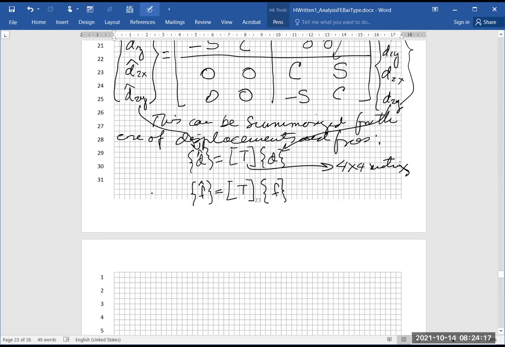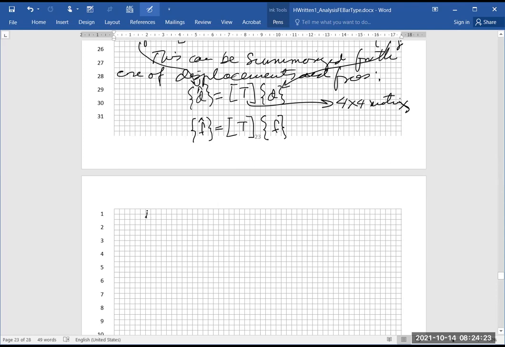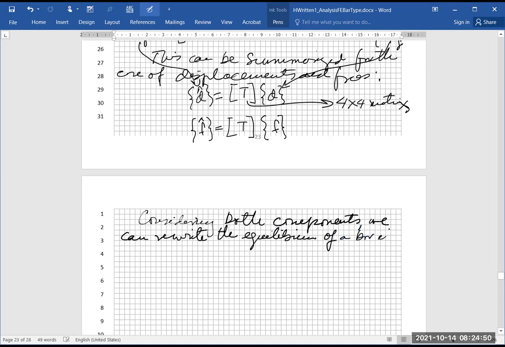So, considering both components, we can rewrite the equilibrium of a bar element in the local reference system.